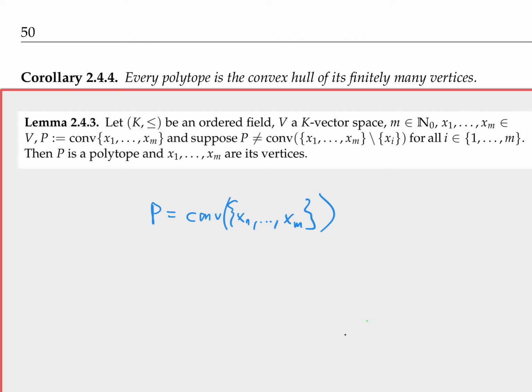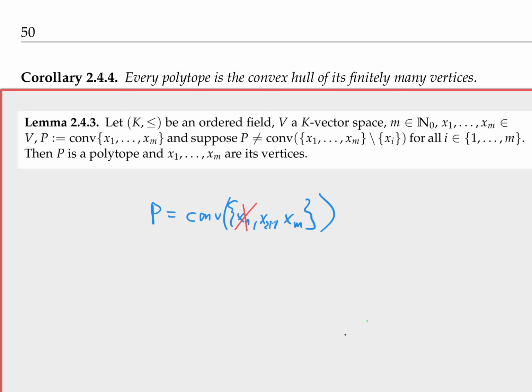But if this is the case, then we can drop one of these xi's, for example x1, and P is still the convex hull of the remaining xi's.